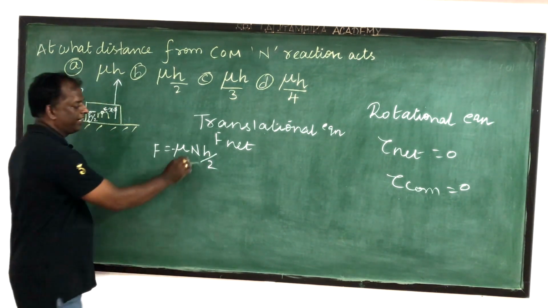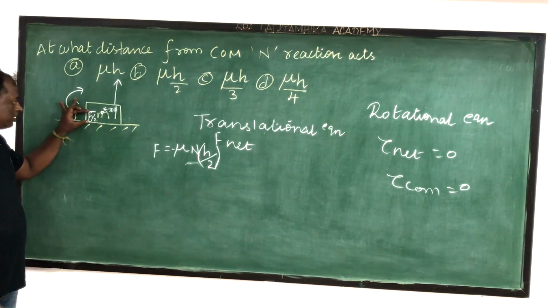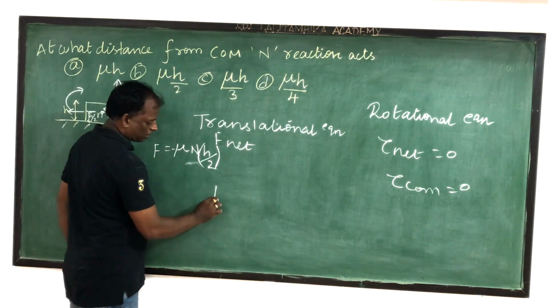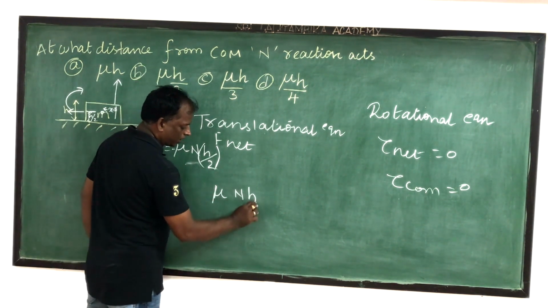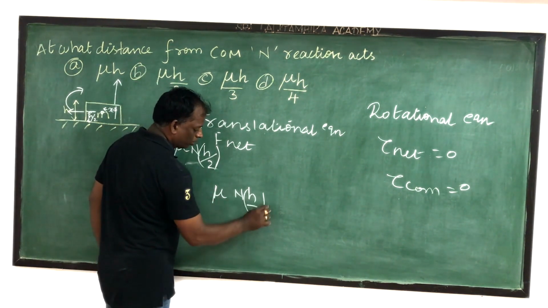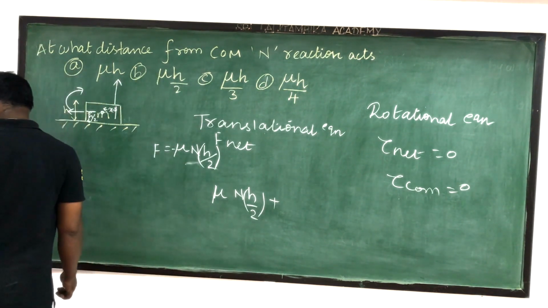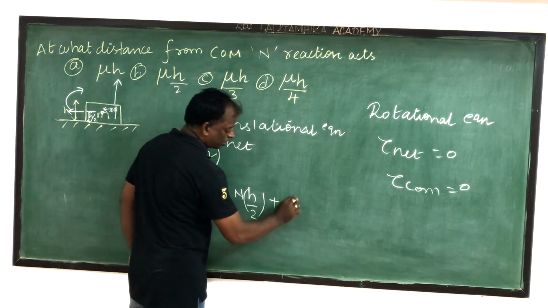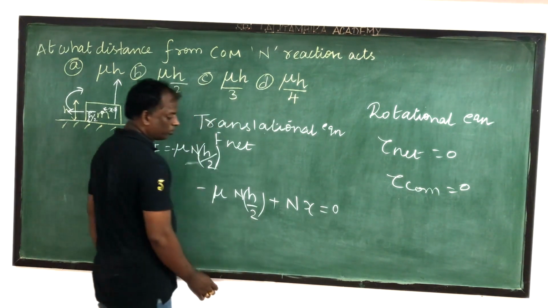So what is this height? The total height is h, so half of it is h by 2. So we can write mu N h divided by 2 plus the normal reaction force. The normal reaction is N into x, which is equal to 0.